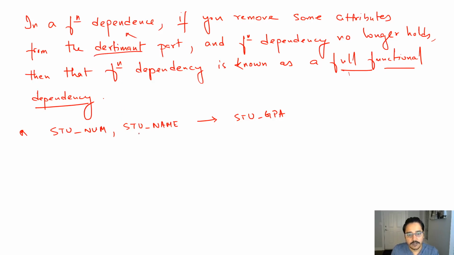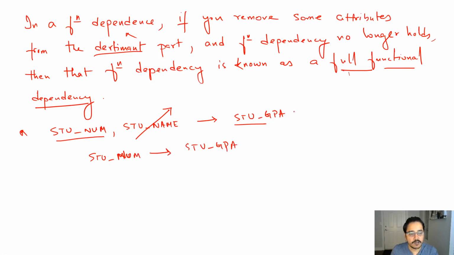Okay, if I remove student name, I will still be able to make this functional dependency work, because knowing the value of student number, I can determine the value of student GPA.